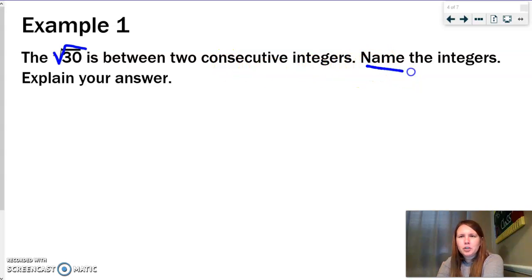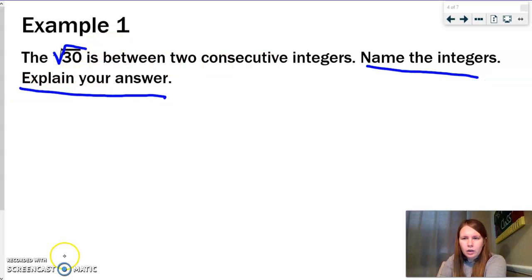Name the integers and explain your answers. The best way is to remember what these values squared are. What's going to get me close to 30, a little bit more than 30, but also less than 30.